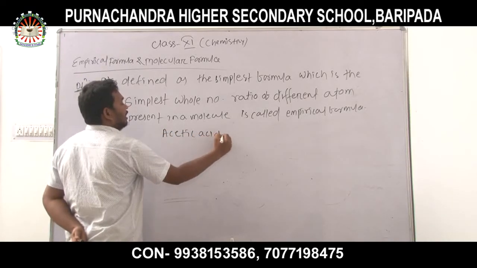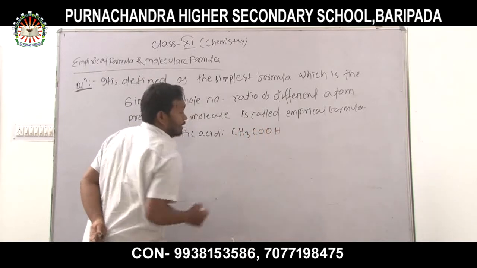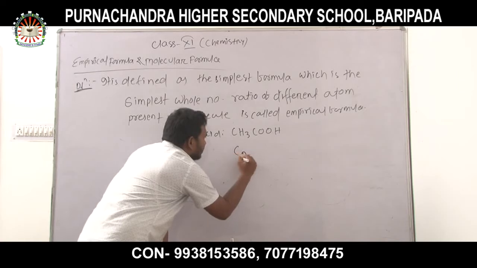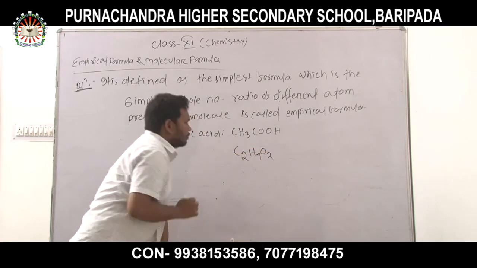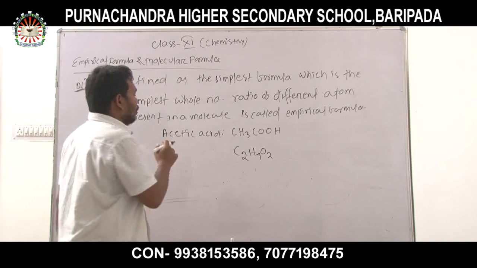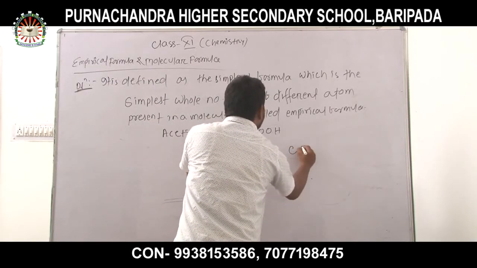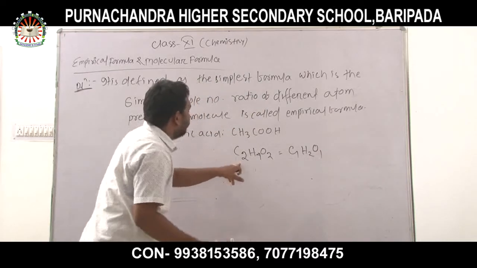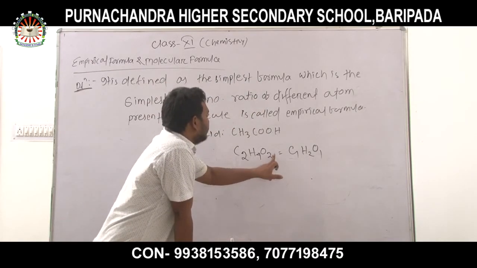Acetic acid, its formula is CH3COOH. That means its condensed formula is C2H4O2. Thus, its empirical formula is C1H2O1, because 2 divided by 2 is 1, 4 divided by 2 is 2, and 2 divided by 2 is 1.